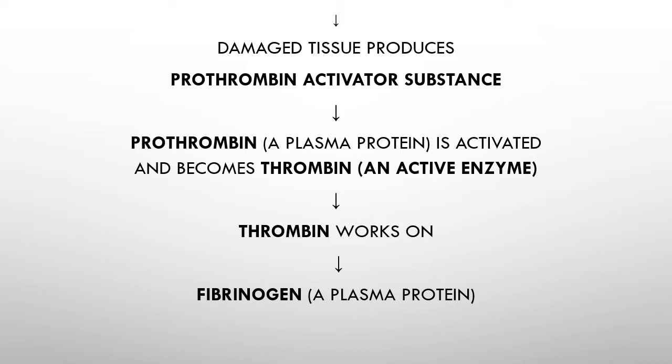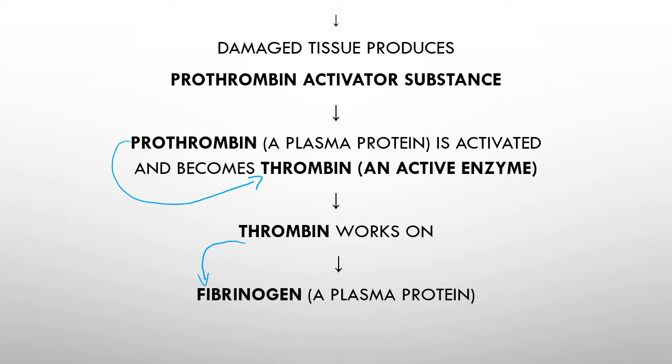When that tissue damage first occurs, we start to get the activation of a protein inside the blood called prothrombin. That prothrombin becomes activated by prothrombin activator, and then gets converted from prothrombin to thrombin. That thrombin becomes the next enzyme, and the thrombin then works on fibrinogen.